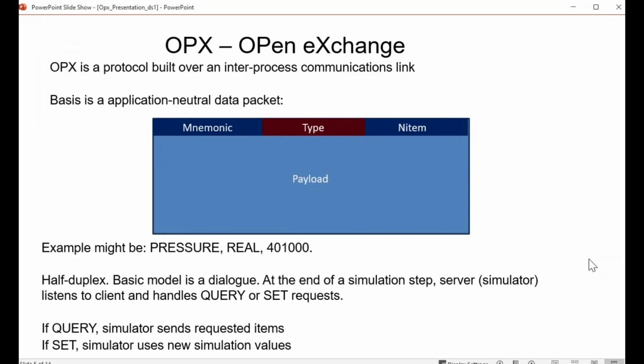The basic approach is half duplex, so it's a dialogue. We do a simulation step, and basically the client waits. We get to the simulation step, we have the pressures, we send them to the mechanical package potentially, and then we have a dialogue where the server and the client can ask questions of each other and return values.